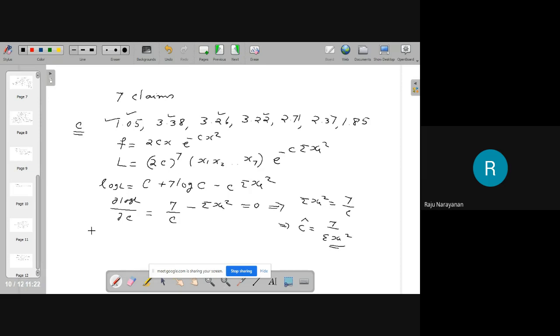Now you have to do one more step. d square log L by dc square is minus 7 by c square. 7 is positive, c square is positive, therefore minus of that is negative. Therefore, the likelihood function is maximum when c cap is 7 by sigma xi square. Therefore, this is the MLE of the parameter c for the distribution 2cx e raised to minus c x square.